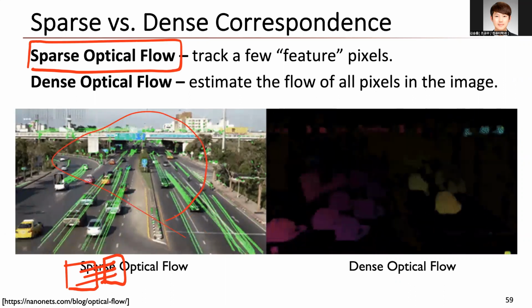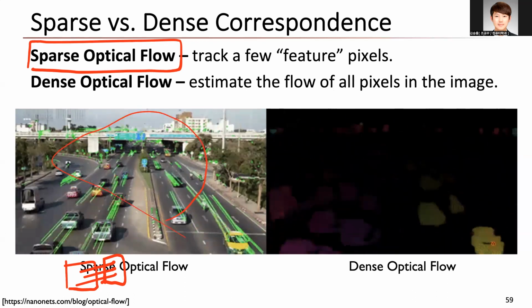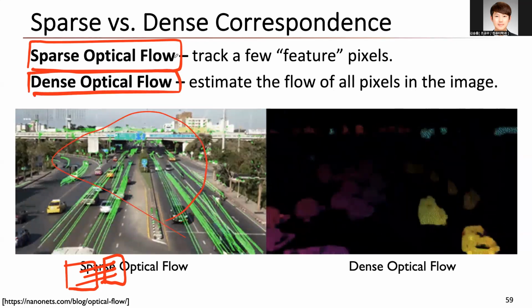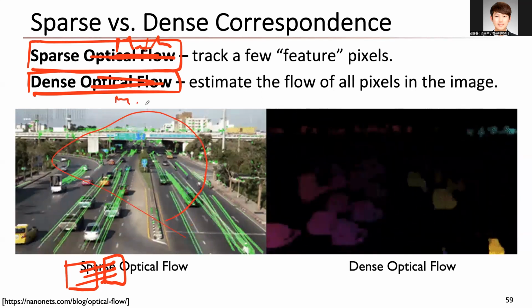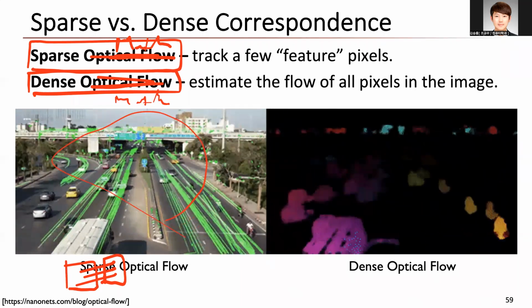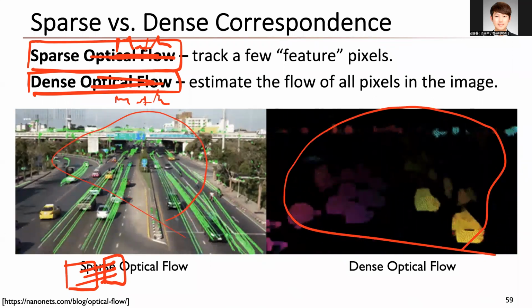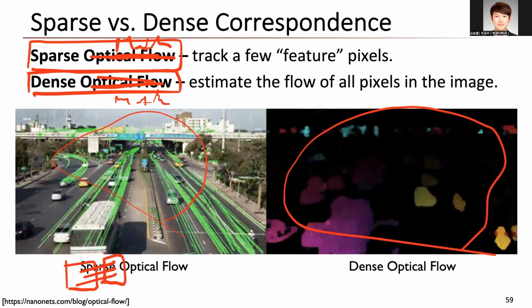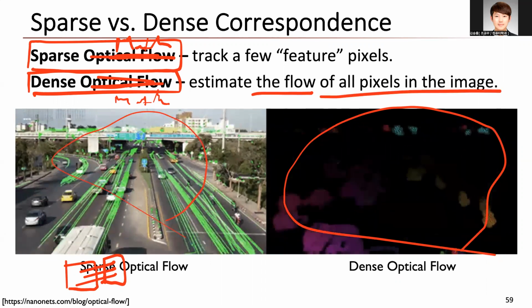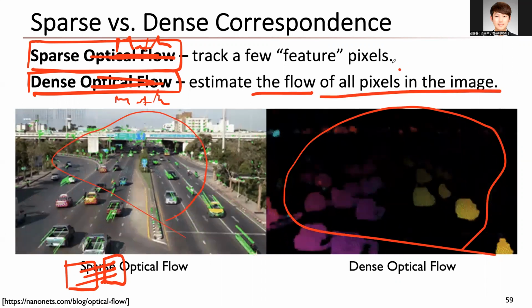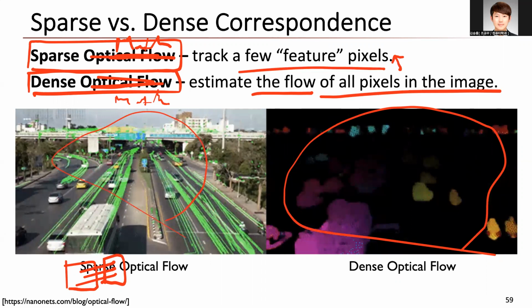But in many cases, we require dense optical flow. 그런데 매칭을 합시다. Sparse matching and dense matching, or sparse correspondence and dense correspondence. Looks like this. Dense correspondence estimates the flow or the matching of whole pixels in the images, compared to the previous papers that considered a few feature points. So this is dense correspondence.